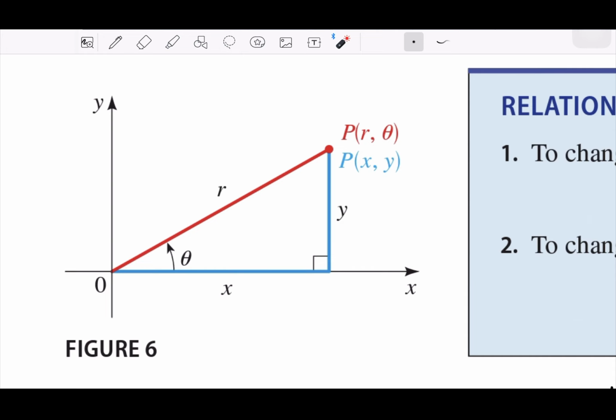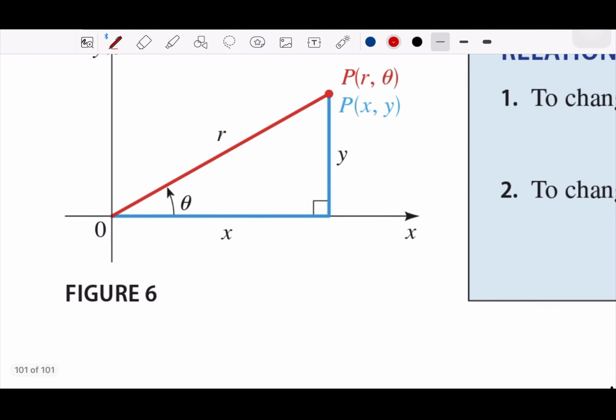We've learned before that in our triangle here, cosine theta is always x over r, and r is a constant, okay? And sine theta is y over r.